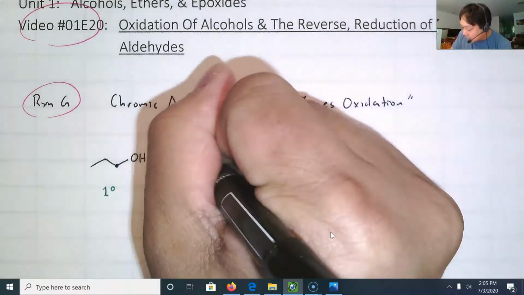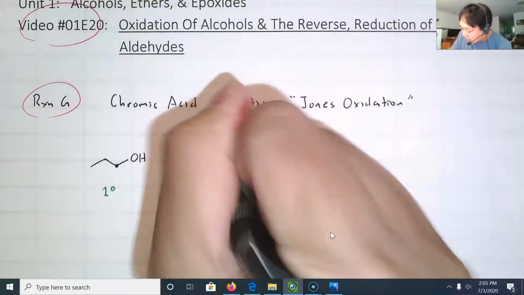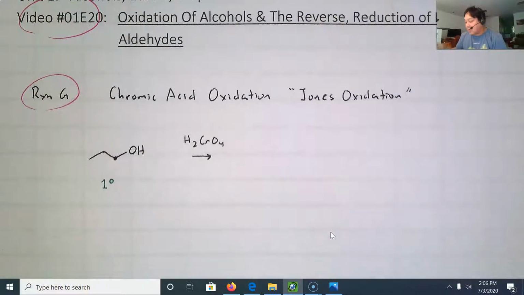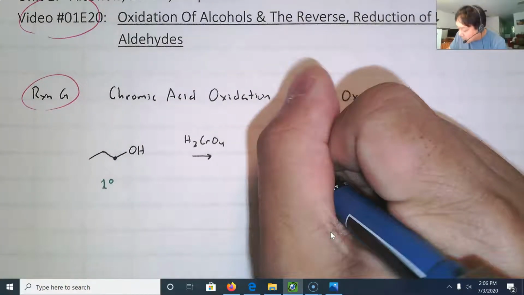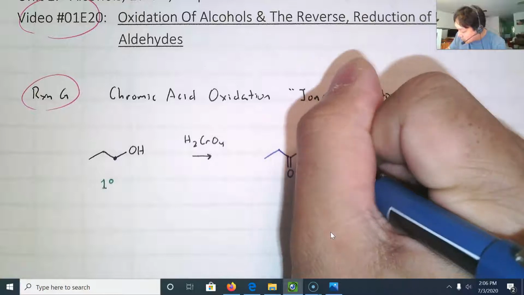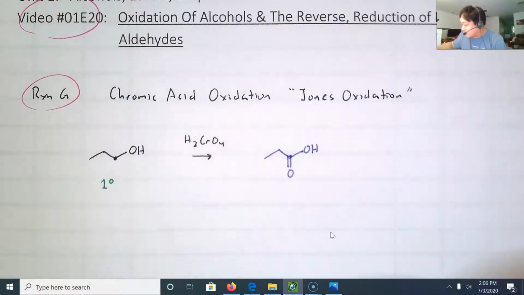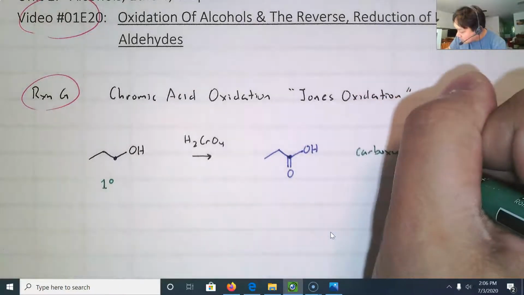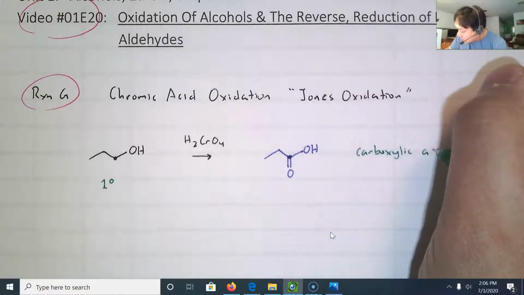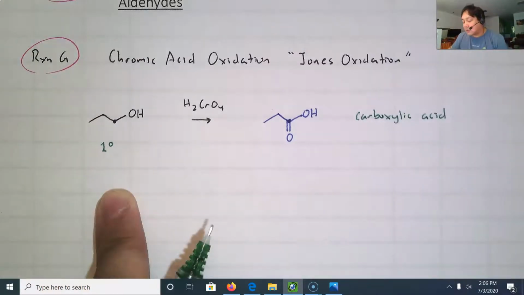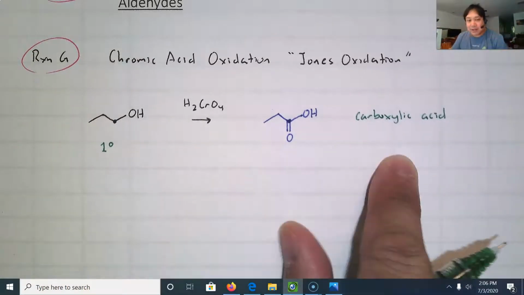Chromic acid technically is this molecule right here, H2CrO4. And what we're going to do is oxidize that carbon to the carboxylic acid. So what you could remember is that primary alcohols can be oxidized to the carboxylic acid.